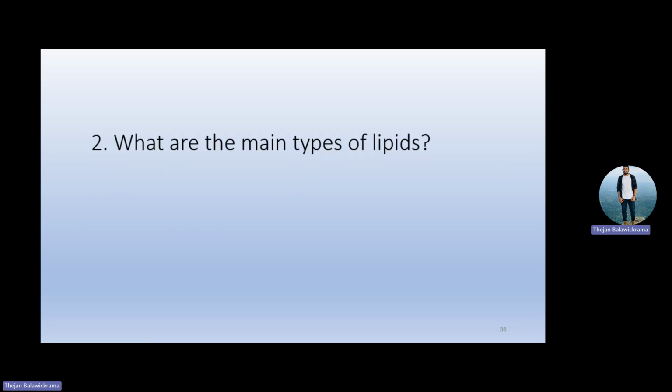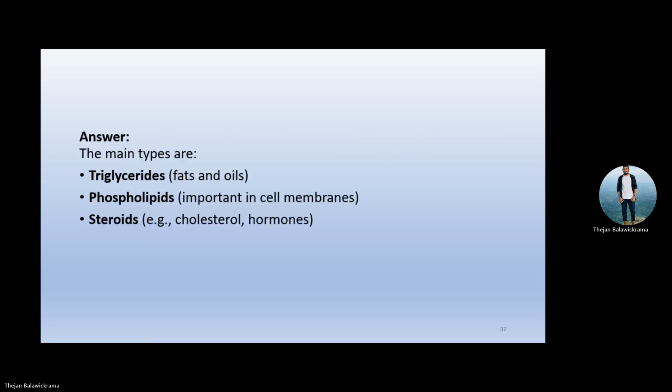But lipids, what are the types of lipids that you remember? Triglycerides, oil, fat. Triglycerides.